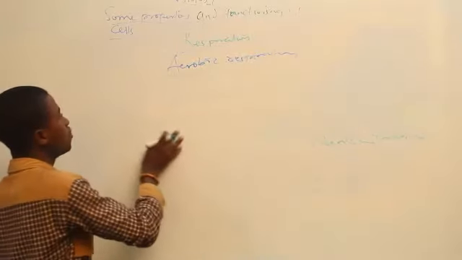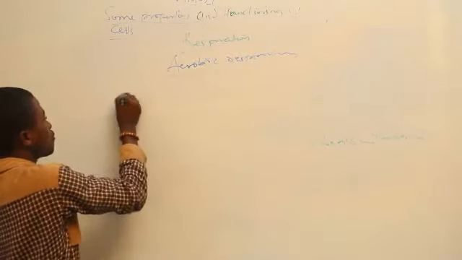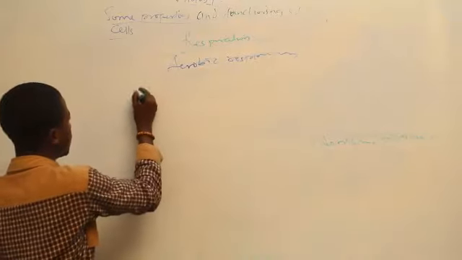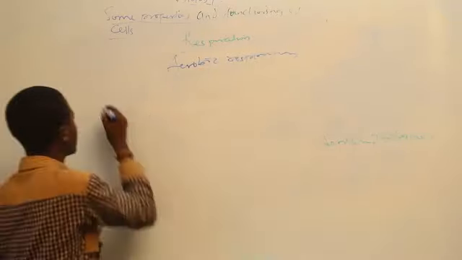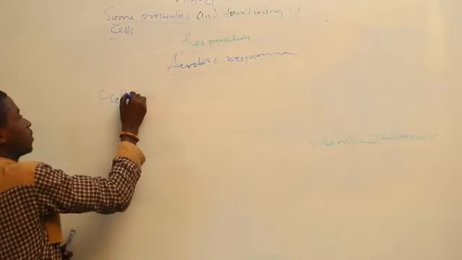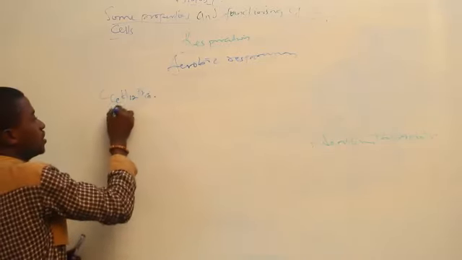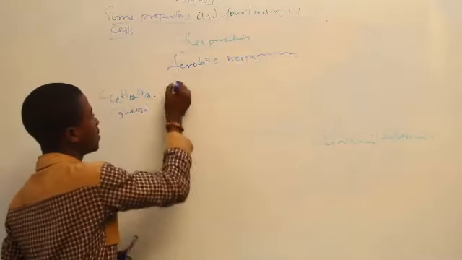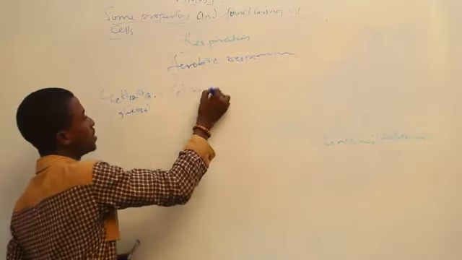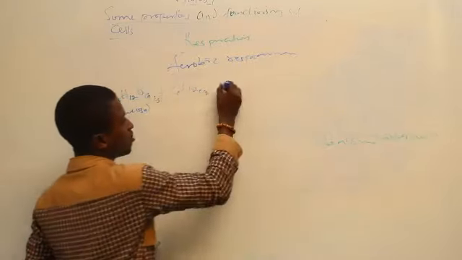As well as the formula for aerobic respiration, glucose. This is called glucose. And so we take in oxygen. Oxygen is a gas, glucose is a solid.